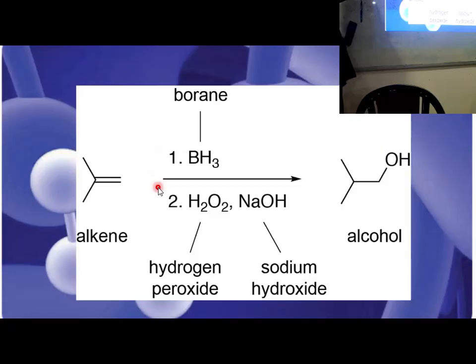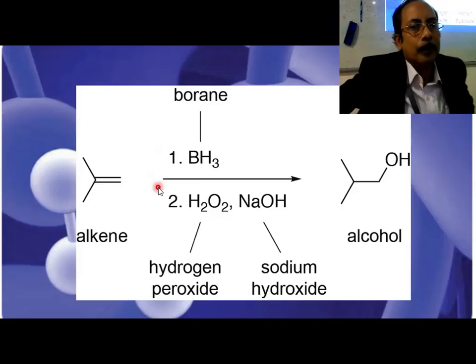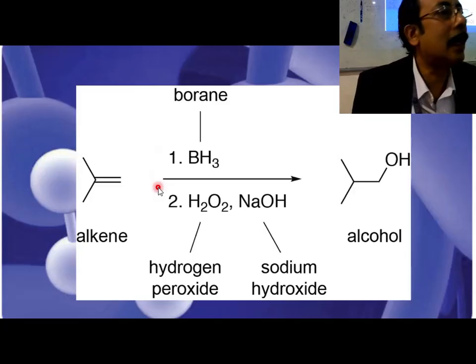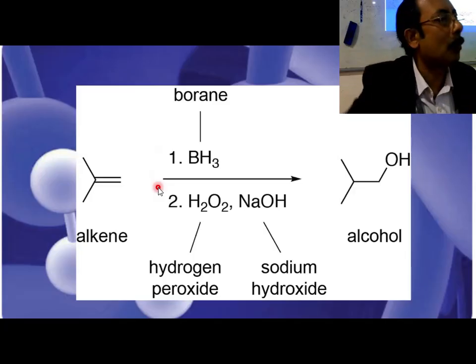Boron, hydrogen, boron. How many electrons are present? 2. That's why it is called a 3C2E bond, 3 center, 2 electron bond. That is the dimer. These two BH3 become a dimer, giving you these 3C2E bonds.